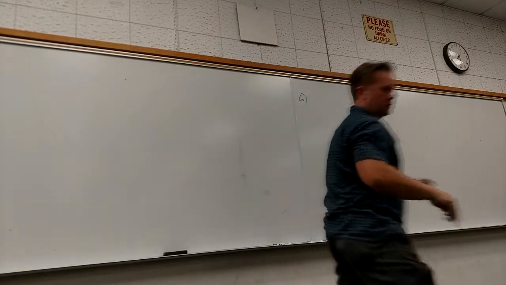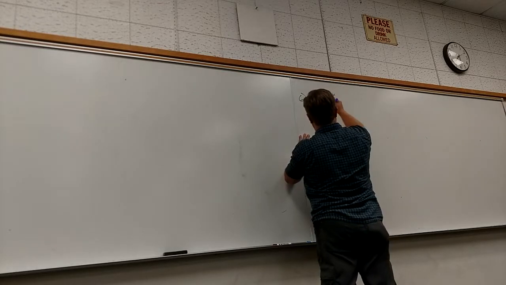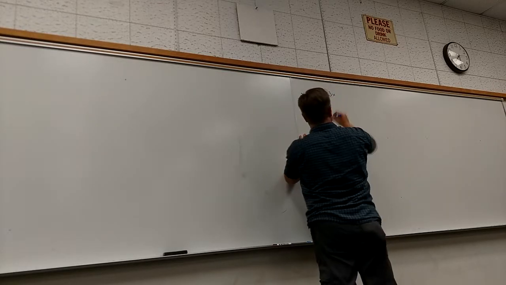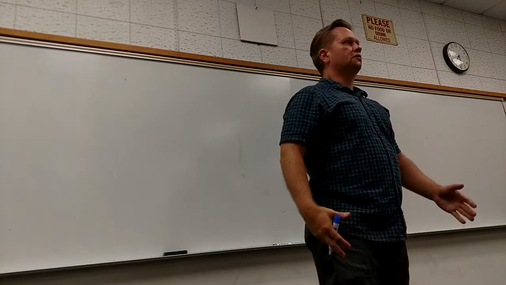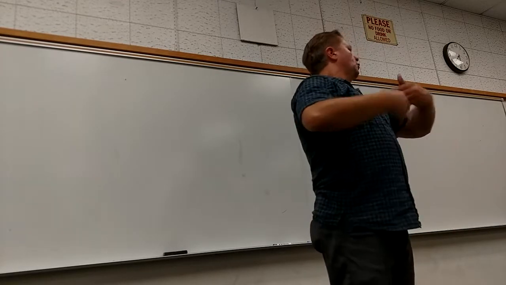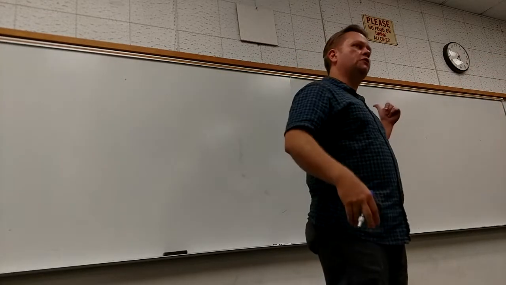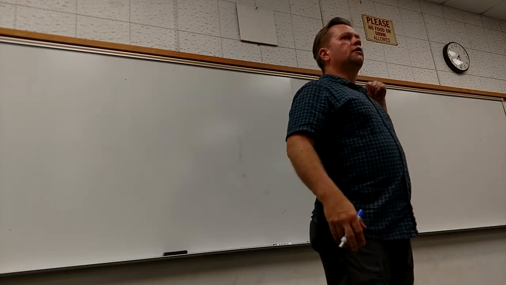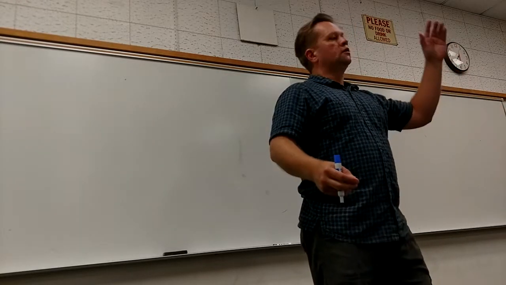What's true about 2 cosine 3x and negative 6 x over pi in the context of the question? The question says, explain why this is continuous. What's true about those two functions? They are continuous. So that's why I only have to check pi over 3.